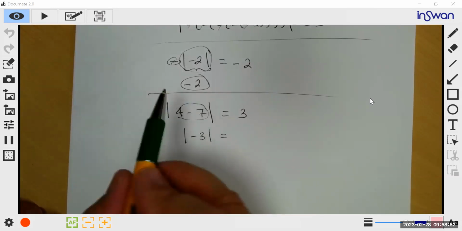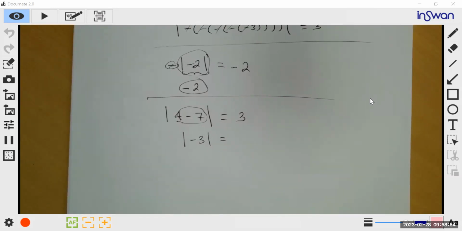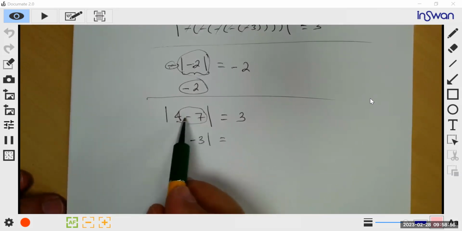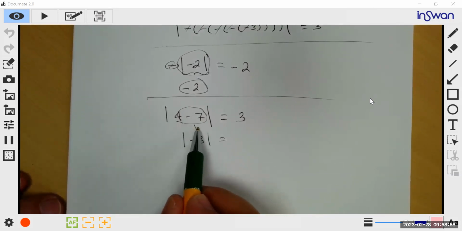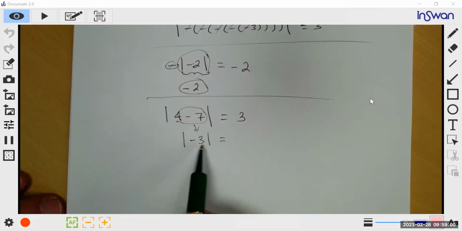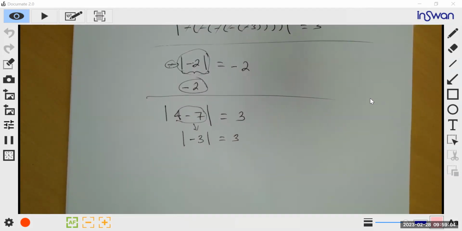Because you have to remember, it's an absolute value, a single number. You can't take an equation. You have to work out the equation first. Now, the absolute value of -3 is 3. Very good. Everybody okay with that? So again, the absolute value is simply the distance from 0 to whatever value you have.